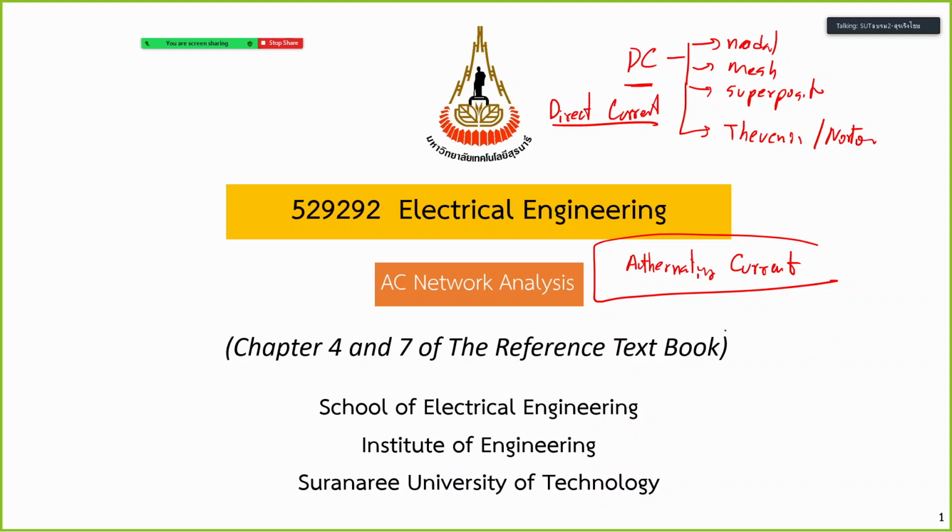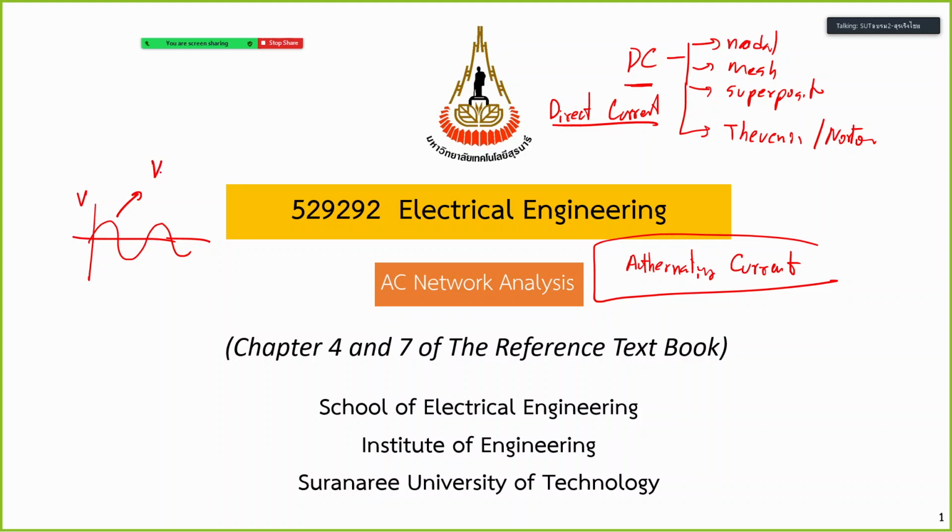The AC circuit will come like this, with the voltage changing all the time. But when we compute this circuit, we have some techniques to solve it. If you solve this circuit in complex terms, it may be difficult, right?